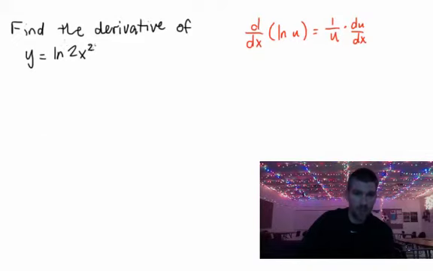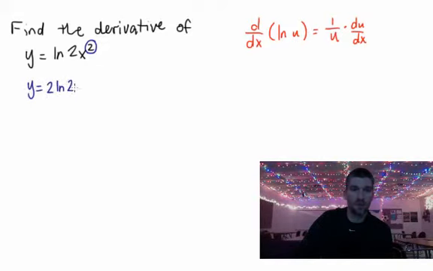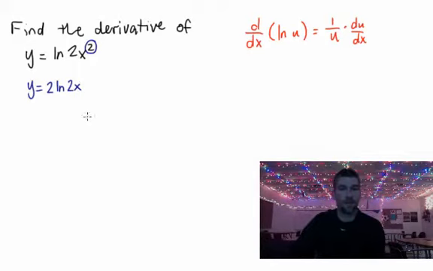One, I'm going to recognize with my rules of logarithms that anything in an exponent can be written in front of the log. So I'm actually going to work with the problem y equals 2 natural log of 2x. I think it makes it easier in the long run. Just me. You definitely don't have to do it if you don't want to.